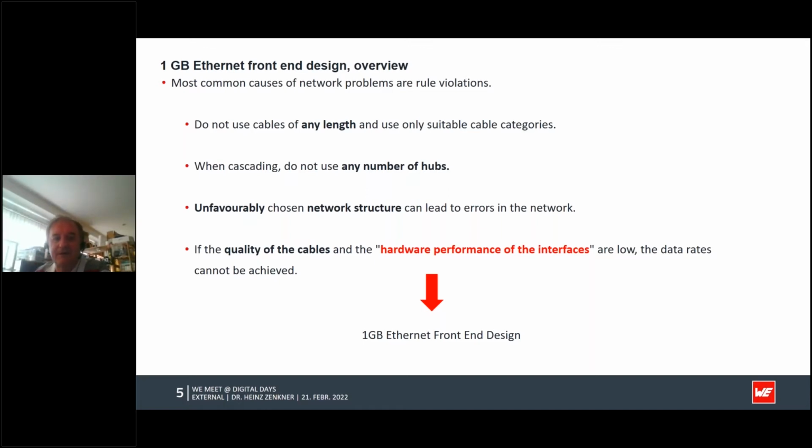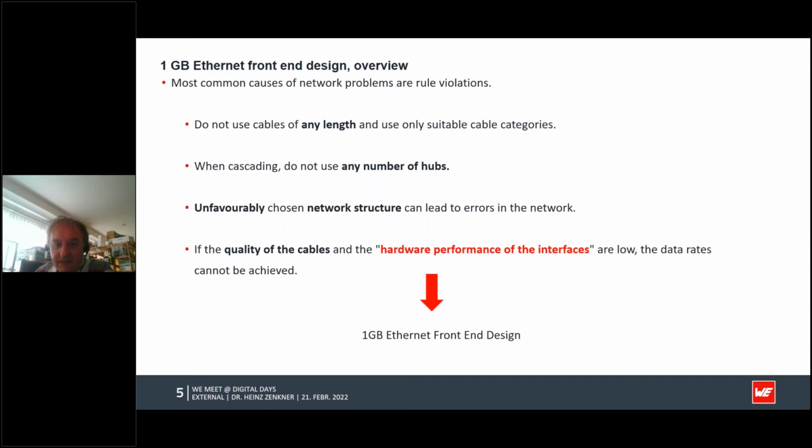And also the network structure, how you cascade them, should be taken into account, because there are errors which appear once in a while. The whole thing breaks down and nobody knows why. So the quality of the cables, and last but not least, the hardware performance of the interfaces of the hardware itself, they decide eventually if the whole thing works or not.